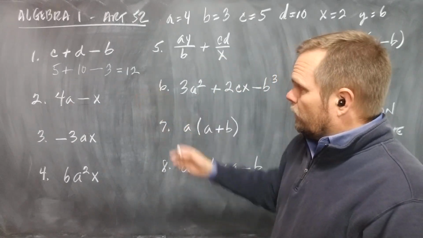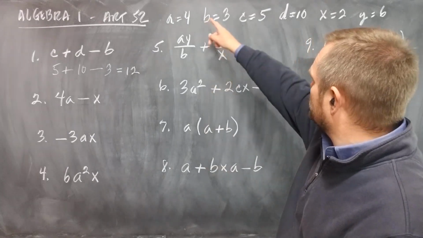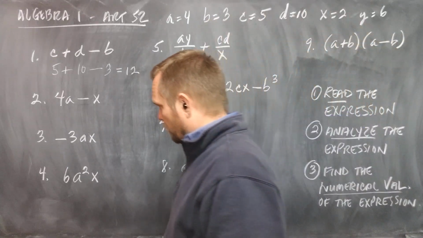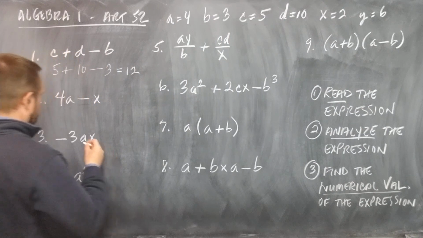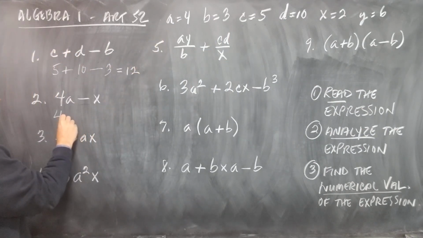Now, to find the numerical value of this expression, we're simply going to plug in our values. 4 times a would be the same thing as 4 times 4.